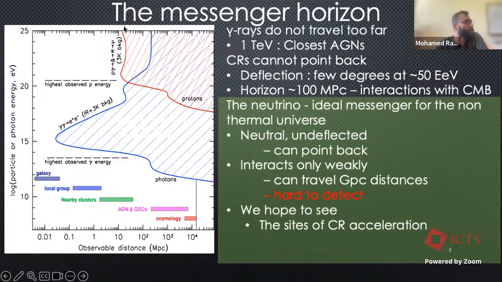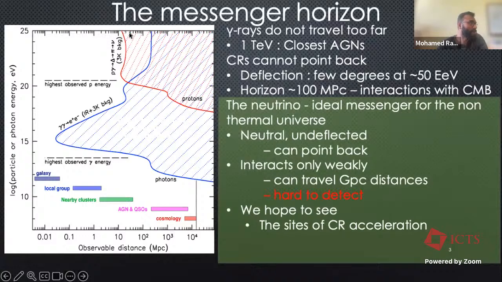Similarly, if you were to look at charged particles, which, as I said, have the added disadvantage that they cannot point back to their sources, they also interact with the cosmic microwave background. And this interaction suppresses the distance they can propagate on average, and they do not propagate more than 100 megaparsecs at the highest of energies.